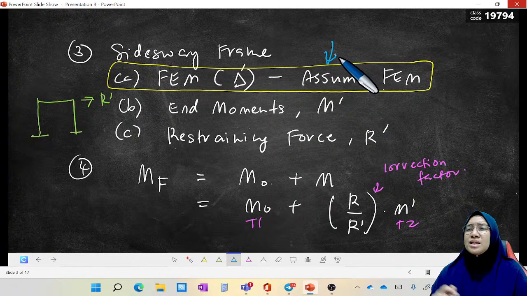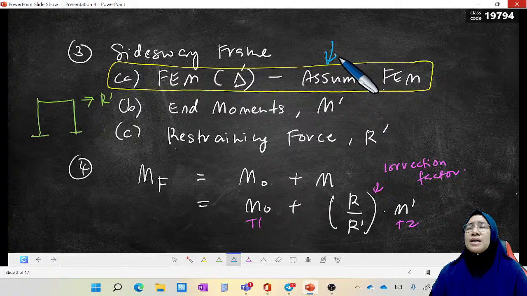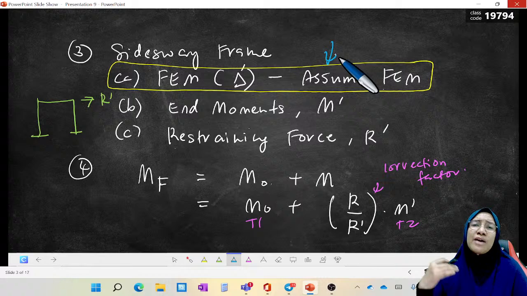Okay, this is actually a process that we repeat again and again. Even when you have done 10 questions, or 20 questions, you can realize that you have actually repeated the process again and again.